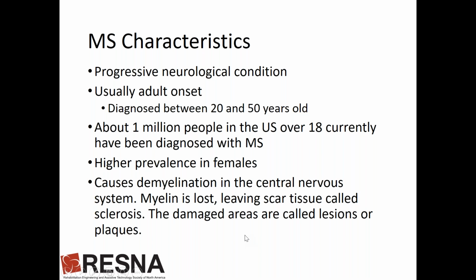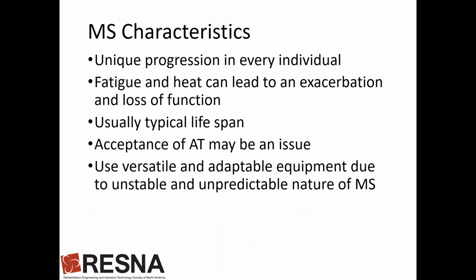Fatigue and heat lead to an exacerbation and loss of function. So you can see that people maybe in the summertime will stay inside more. They will avoid swimming in hot water. A lot of indoor pools have warm water pools or cool water pools, and people with MS will stay away from the warm water pools.